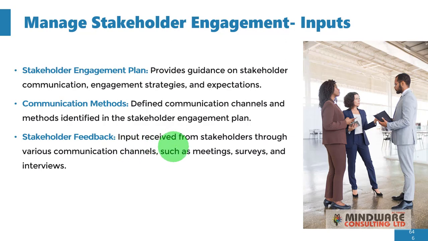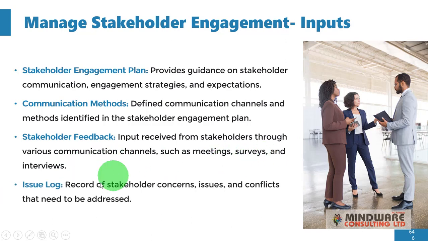This is input received from the stakeholders through various communication channels such as meetings, surveys, and interviews. The next is the issue log. It's a record of stakeholder concerns, issues, and conflicts that need to be addressed. So you have an issue log.